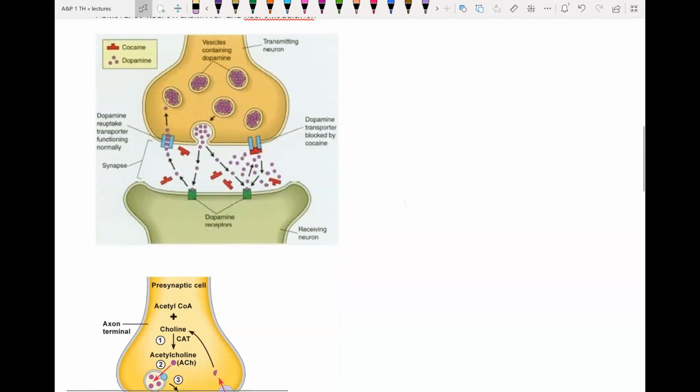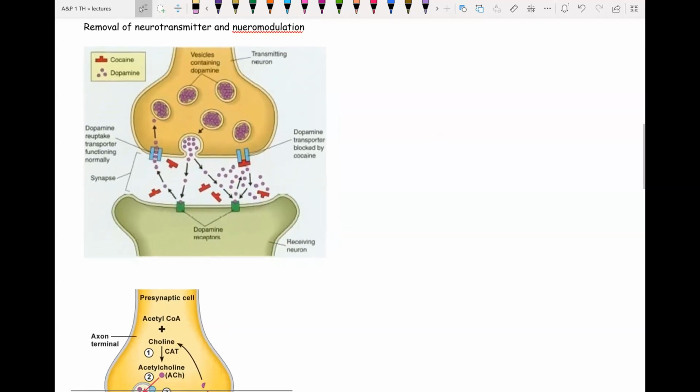Now we have to look at what happens after the signal has been transmitted. You can't just leave that neurotransmitter in the cleft. So after the signal is transmitted, you have to clean up the neurotransmitter from the cleft.